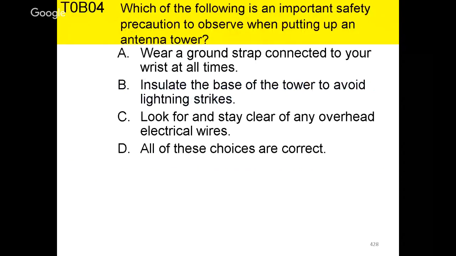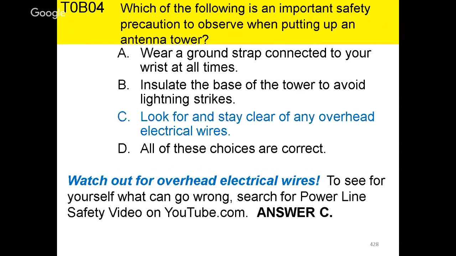So, which of the following is an important safety precaution to observe when putting up an antenna tower? Yeah, towers can be tricky, particularly if you have things around. You want to make sure that you really don't have any obstructions, and those obstructions include having electrical wires overhead.